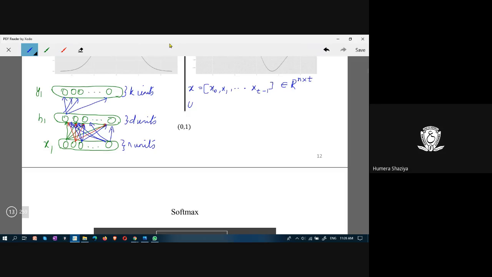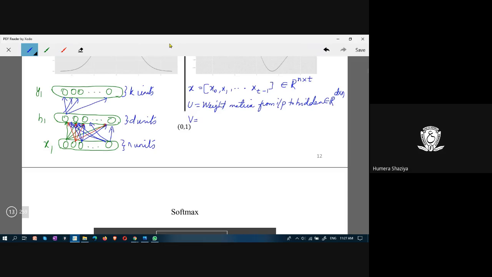And then U is what? It is the input to hidden layer weight matrix, from input to hidden layer. Its dimensions are d by n: there are d units connected to n units in the input.